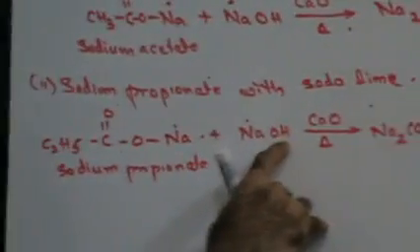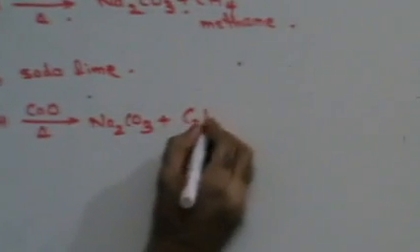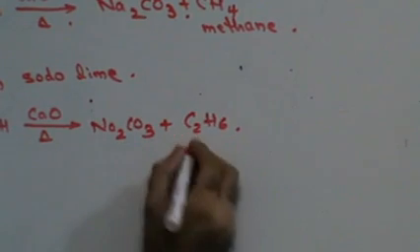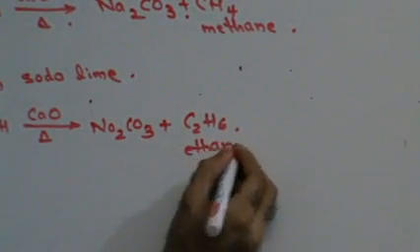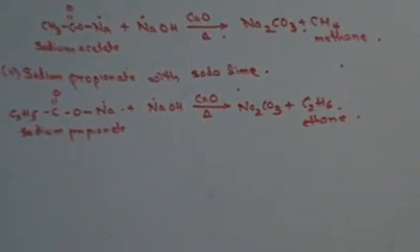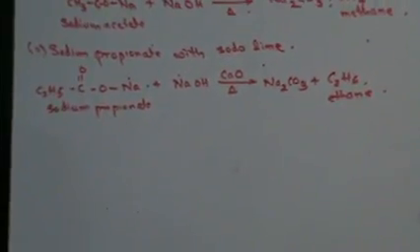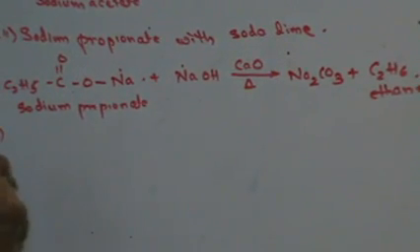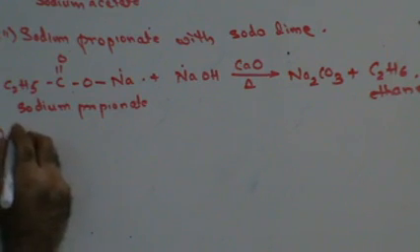That leaves you with C2H5 here and an H here. So that leaves you with C2H6. C2H6, 2 carbon atoms, therefore this is going to be ethane. Right, do we get this? This method is called decarboxylation of fatty acids. The second method for preparation is reduction of alkyl halides.